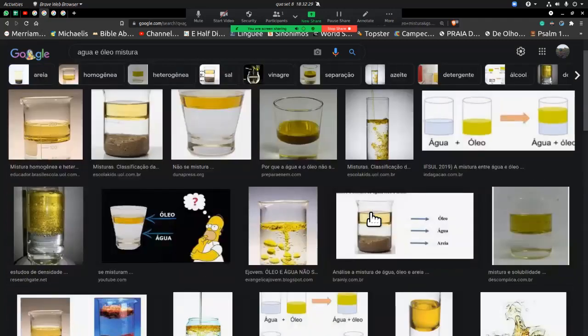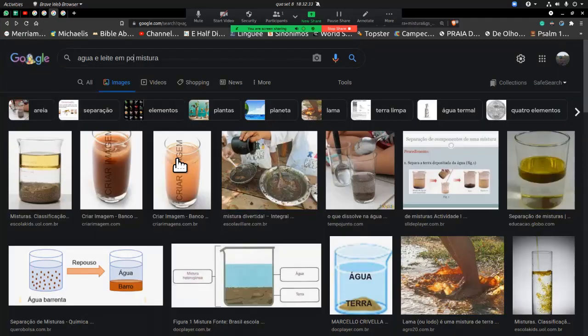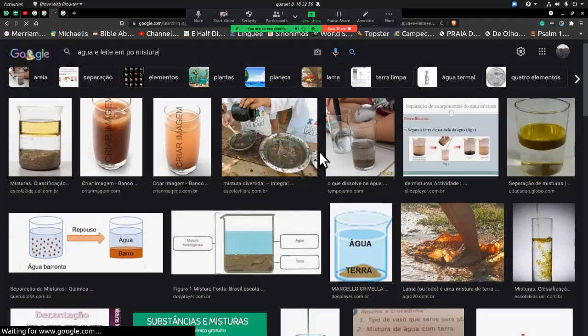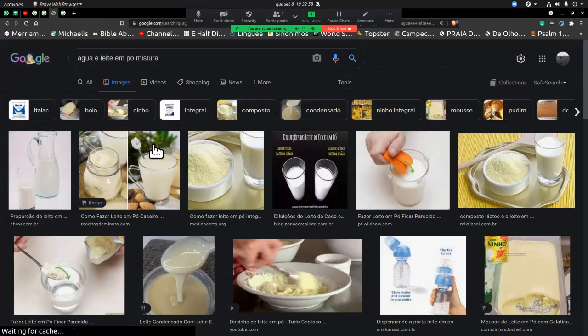But we also have suspension. It's kind of in the middle because, for example, water and dirt. It's not totally dispersed, but it's not separated like oil. It's kind of in the middle, so it's called a suspension. Or something better, right?